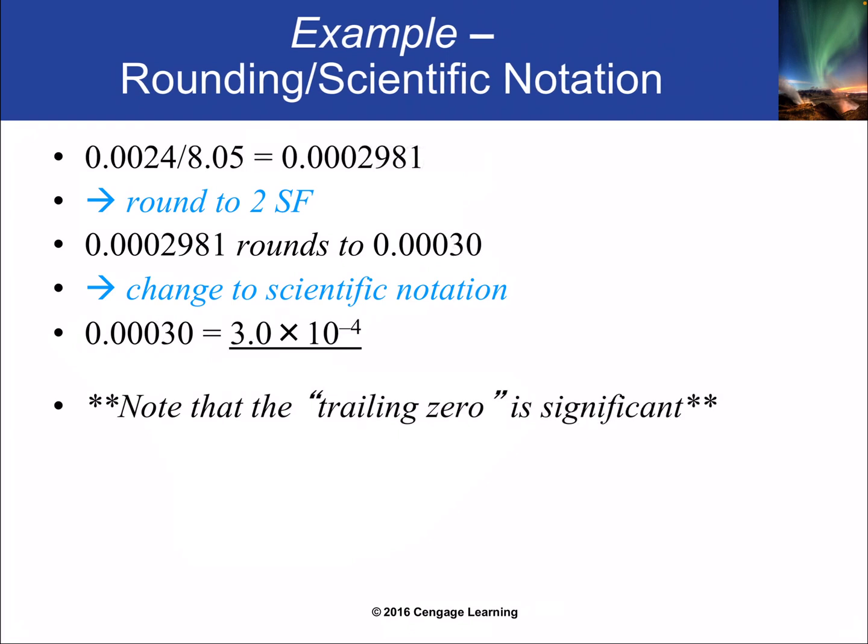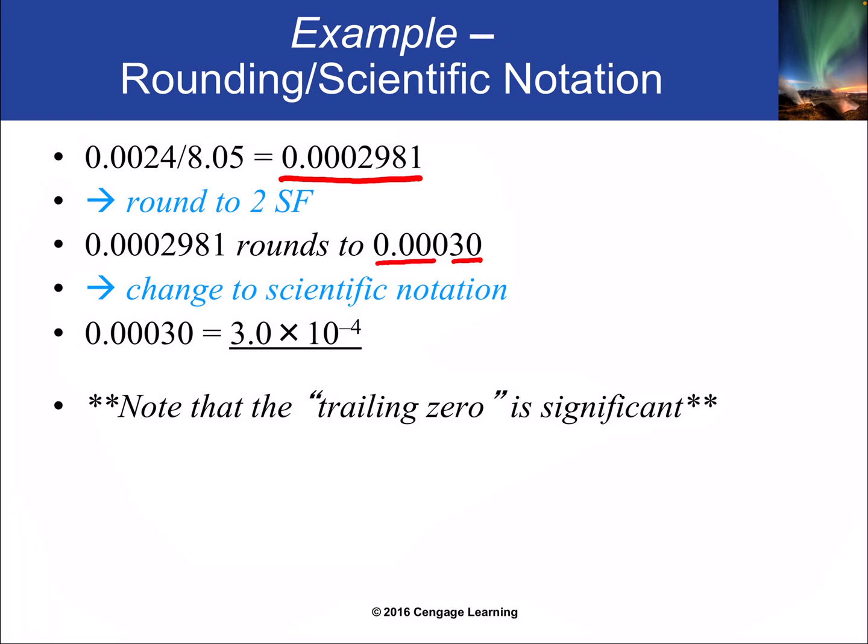Okay. Here's another one. So we're going to do this division, and we get this answer. But you're asked to put it to two significant figures. So you need to round up to 30, okay? Because it's a decimal place, this 0 at the end is significant.